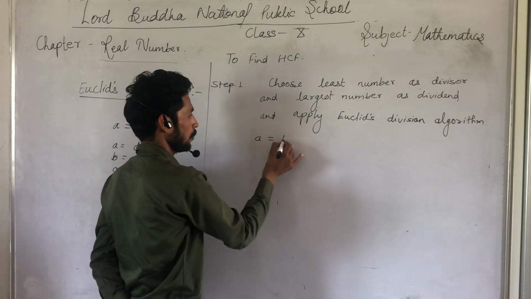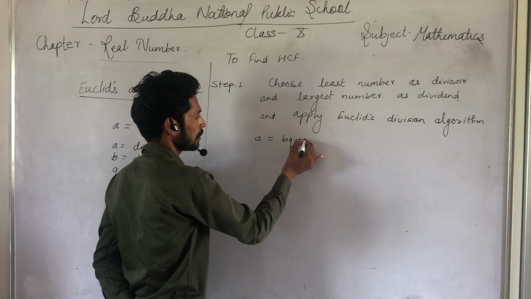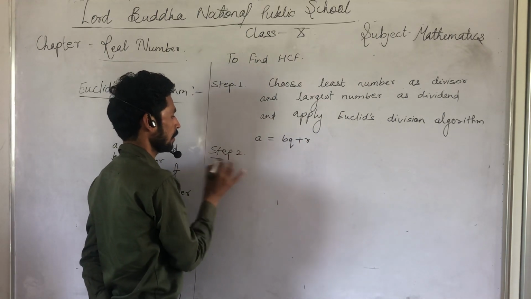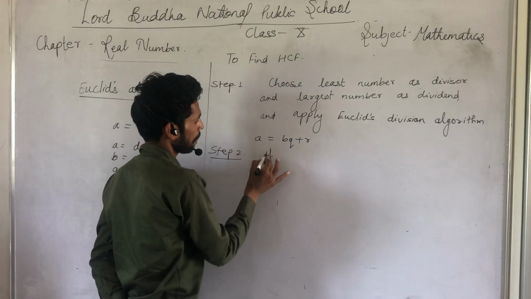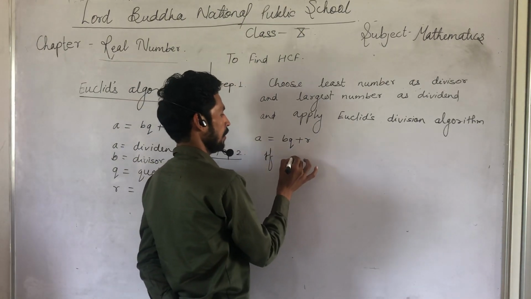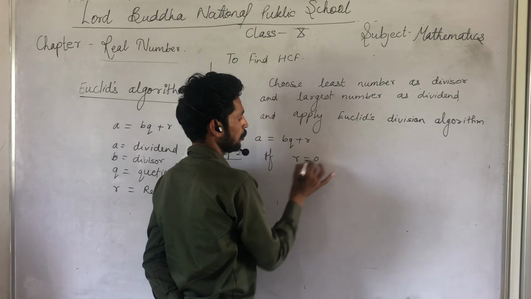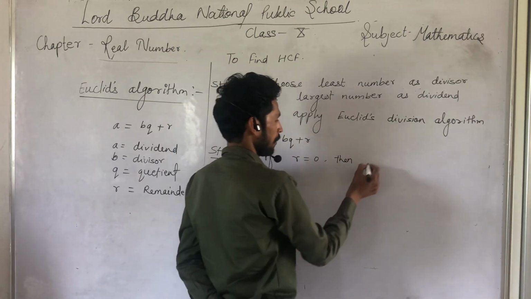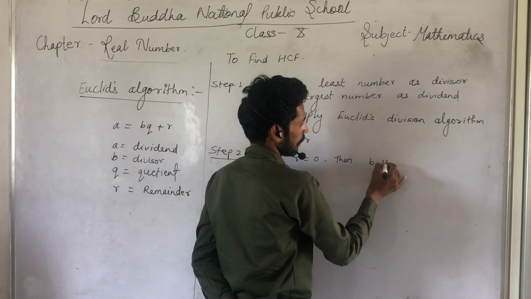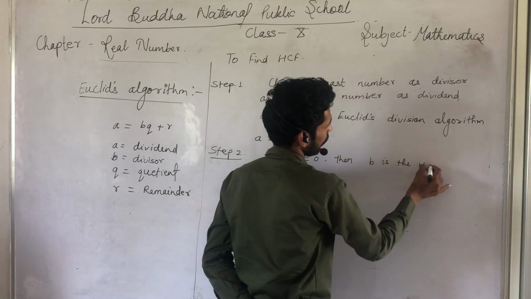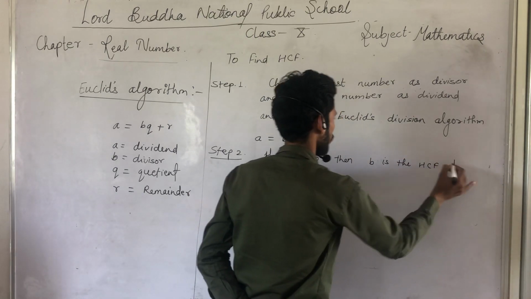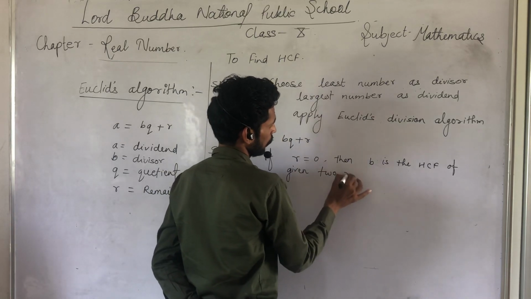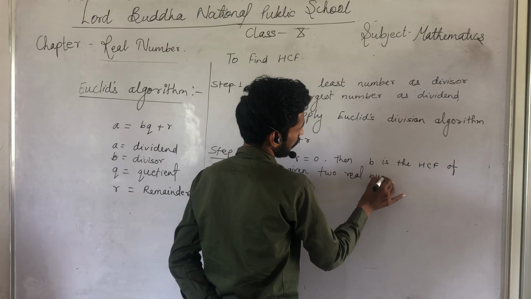Step 2: if remainder r = 0, then b is the HCF of the given two real numbers.